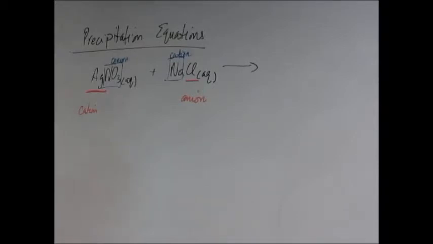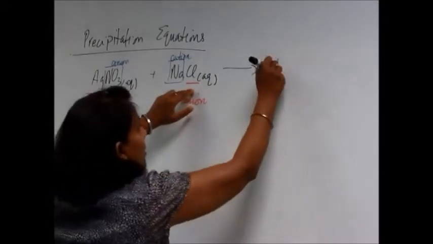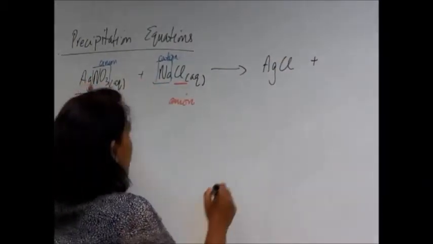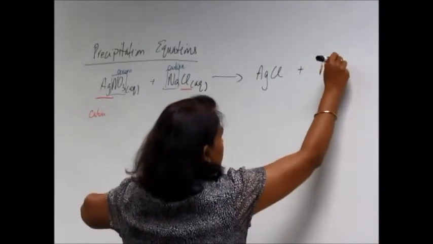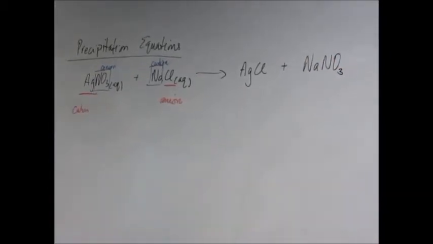If your formula is not correct, again, your equation will not be balanced. So your formula still has to be correct. So let's combine silver with chlorine. So silver chloride, and then sodium with nitrate. And again, going back to chapter 2, when you write your formulas, please make sure that you always write the cation first, and then the anion.